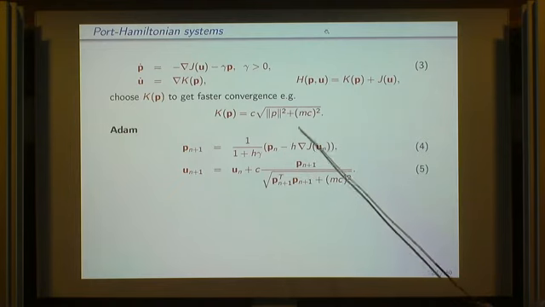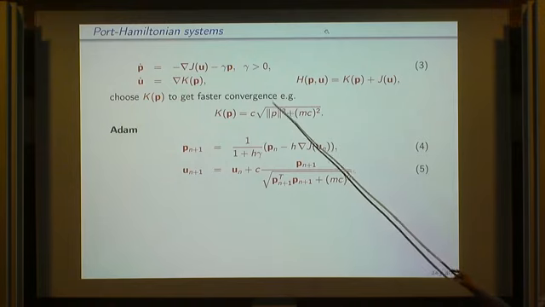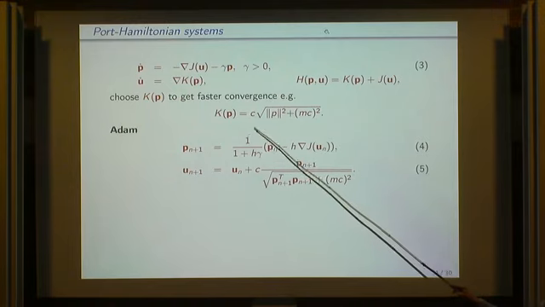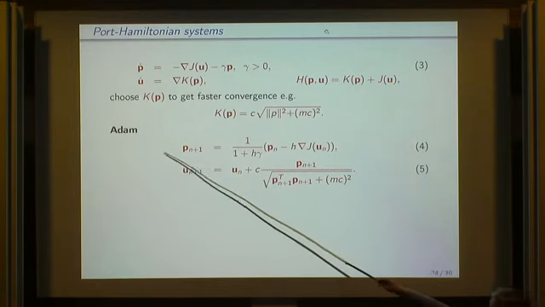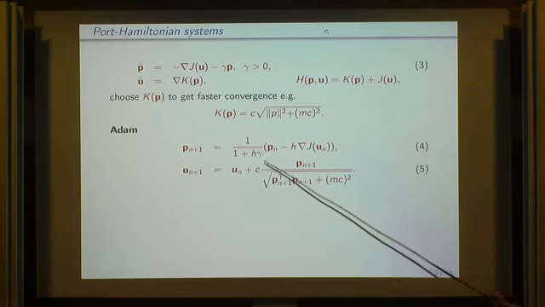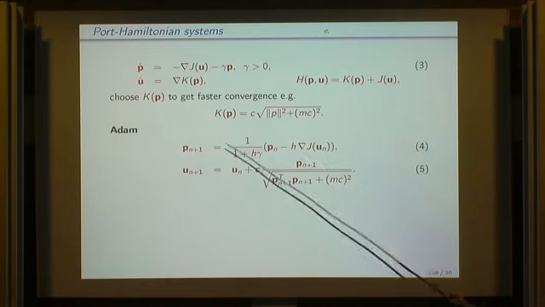This is the bounded kinetic energy. So based on this kinetic energy, you can show that the very popular Adam method is just this integrator for the new system. And this is very, very popular and works very well.